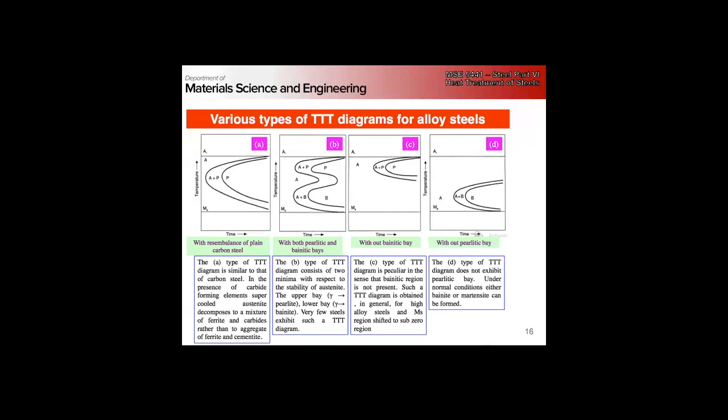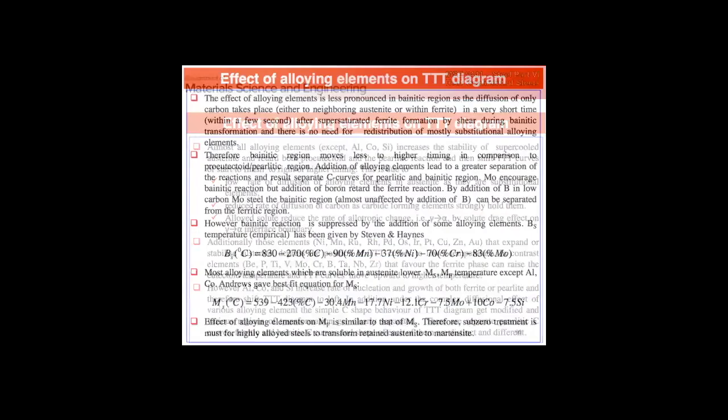Did I ask about ferrite stabilizer or austenite stabilizer? Ferrite stabilizers are going to shift the TTT curve down to lower temperatures, austenite up. So think about it in terms of the same thing as from your phase diagram.